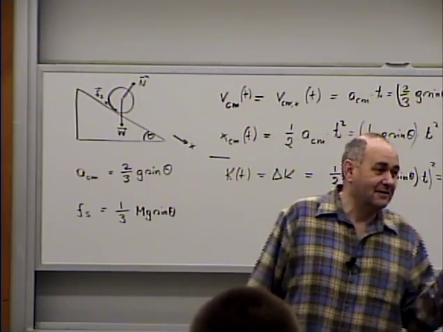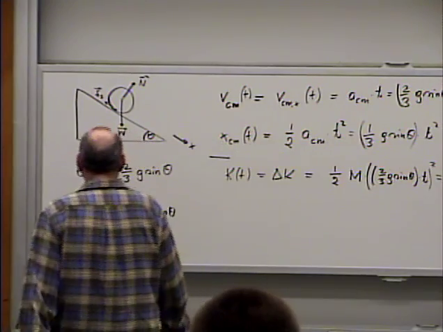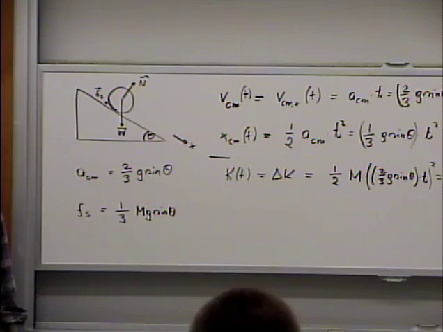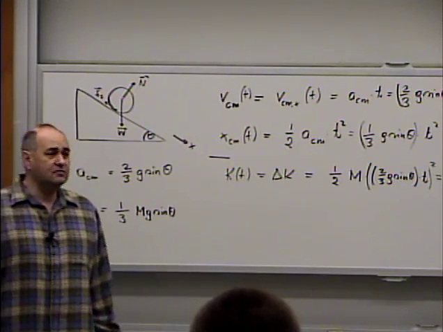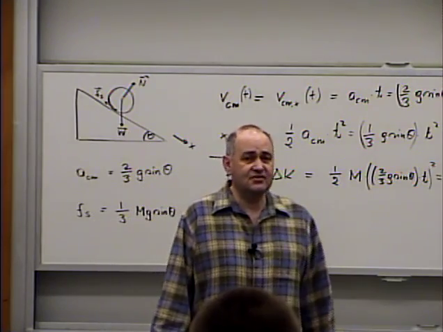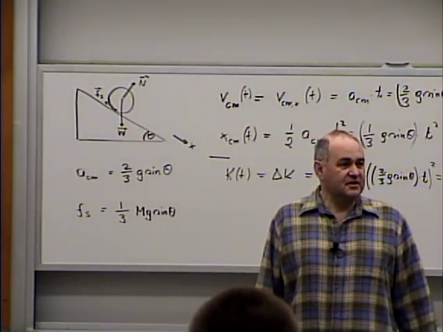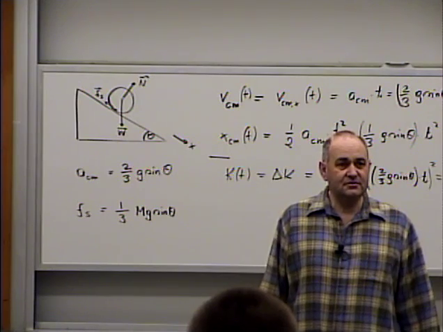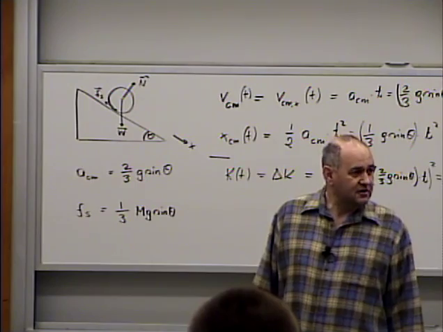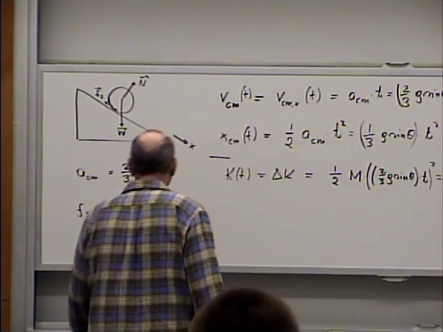That's good. All right. How about work due to the frictional interaction? Who believes that there is a non-zero work associated with that interaction? Who believes that there is no work? You are right, there is work associated with the frictional force.